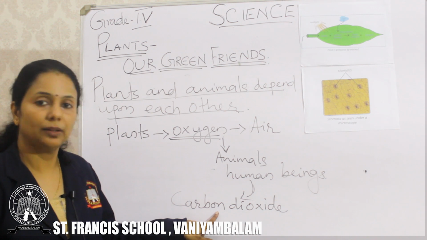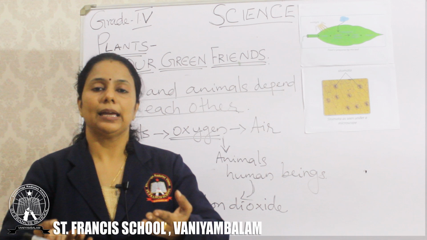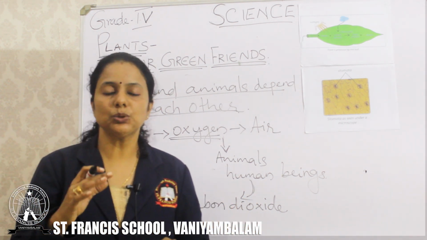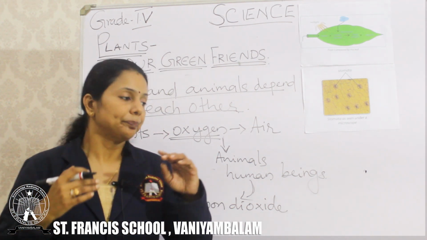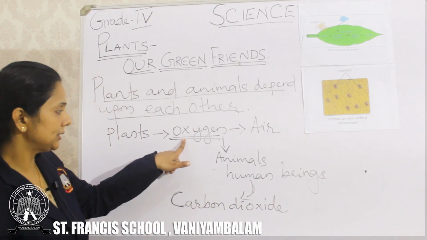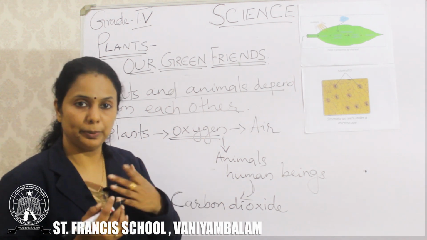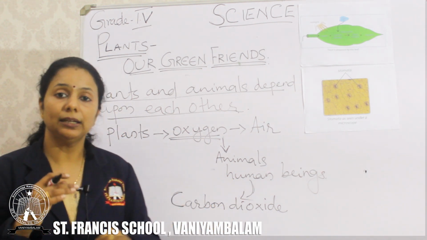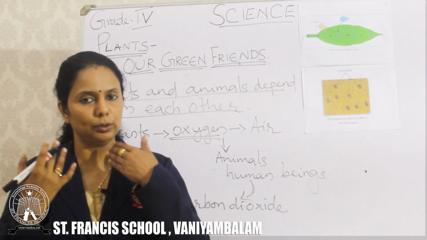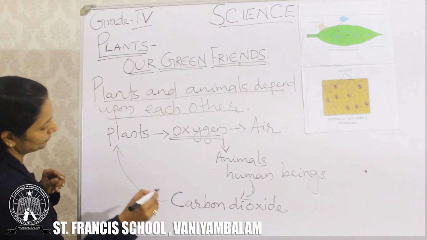Carbon dioxide. Clear? So we take in oxygen and we release out carbon dioxide. That is why in the atmospheric air carbon dioxide is also present. So the air contains both oxygen and carbon dioxide. Oxygen we take in for breathing, and in respiration we release out carbon dioxide. That carbon dioxide is needed by plants.